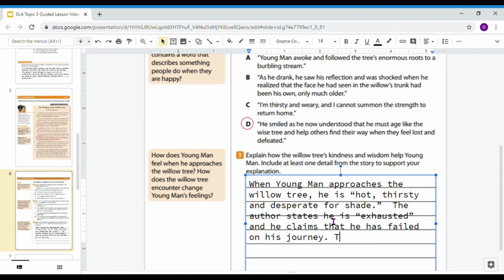The willow tree's kindness and wisdom, because remember, I'm using the direct verbiage from my question. So the willow tree's kindness and wisdom make young man happy and understand what he must do.